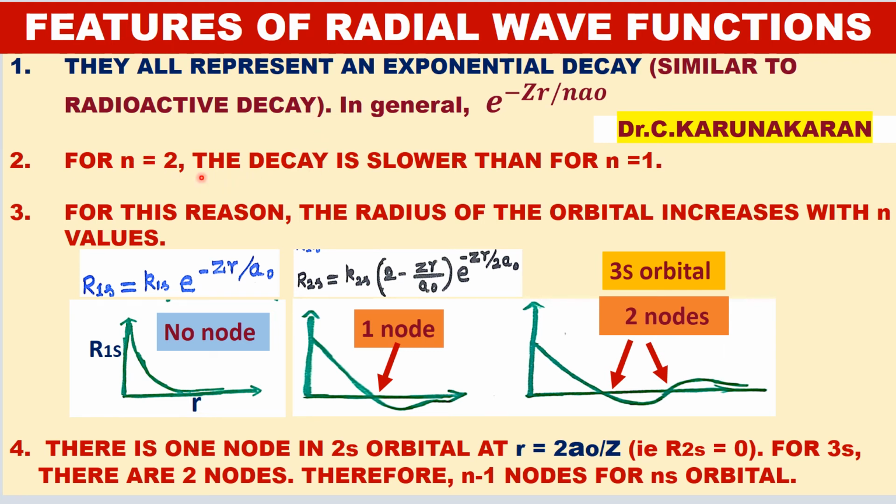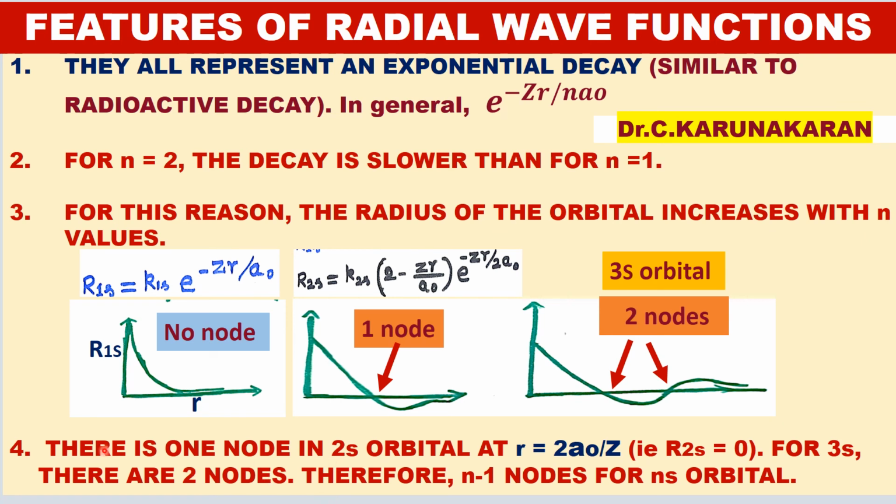The decay is faster for 1s orbital, for n equal to 2 the decay is slower, and for n equal to 3 the decay is much slower than for n equal to 2. For this reason, the radius of the atomic orbital increases with increasing n values.